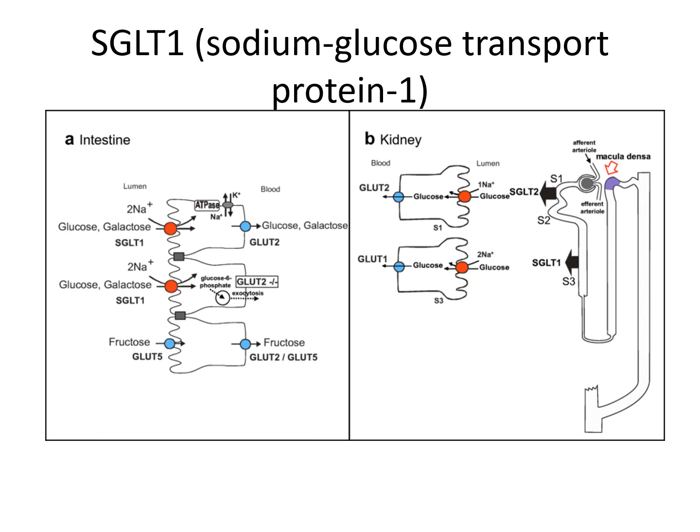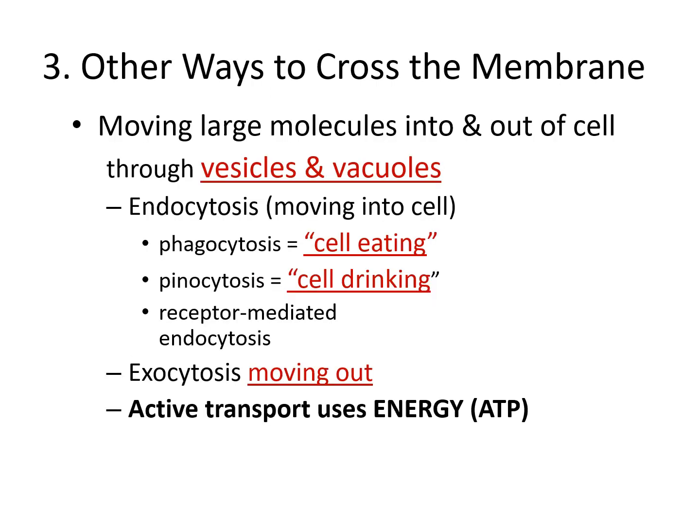This also requires energy for the movement of glucose, and it is an example of symport, because once one sodium molecule goes inside the cell, it allows the entry of one glucose or galactose with it.